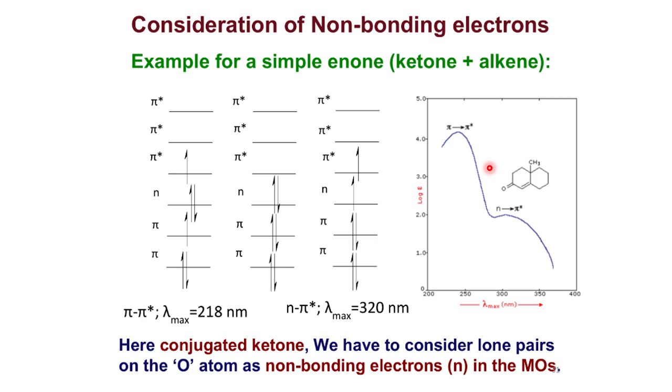Okay, so you are saying that pi to pi star should come at a lower wavelength compared to n to pi star, right? Yes, because that is the high energy gap.